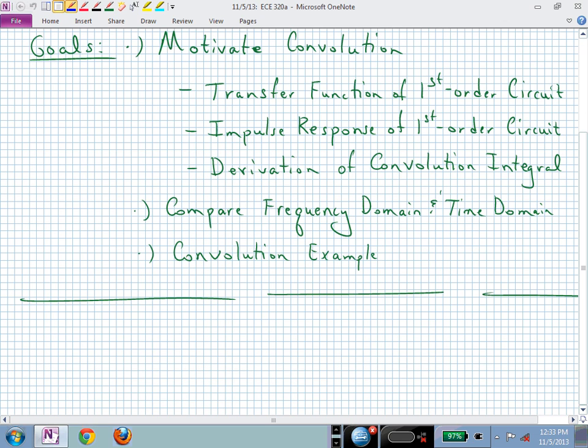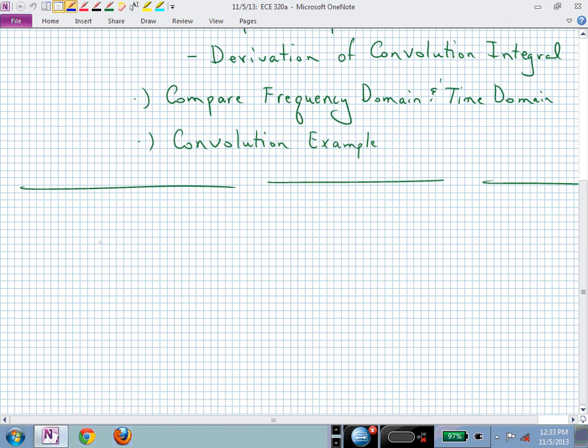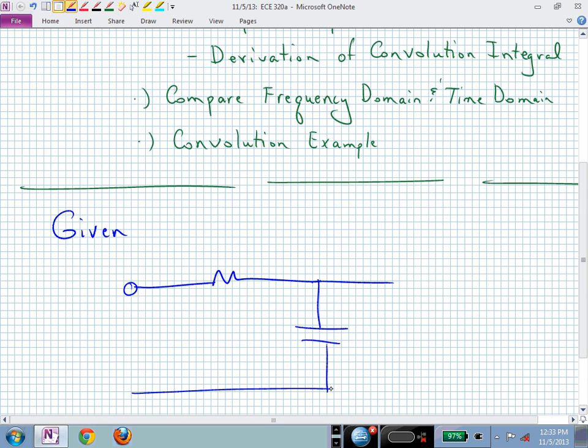To get us started, suppose that we are given the following circuit. And now instead of formally showing a voltage source, maybe I simply say here is x of t, that is really an input.